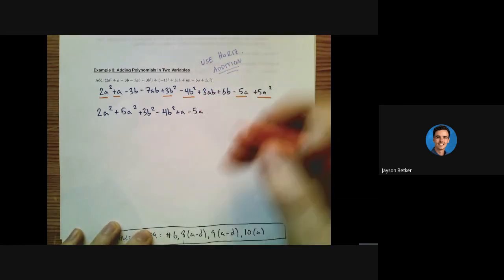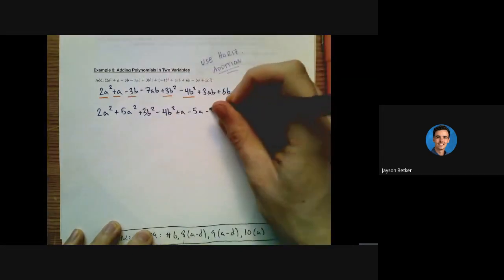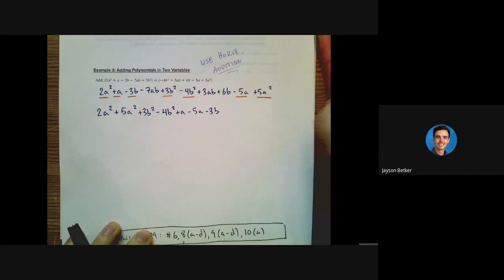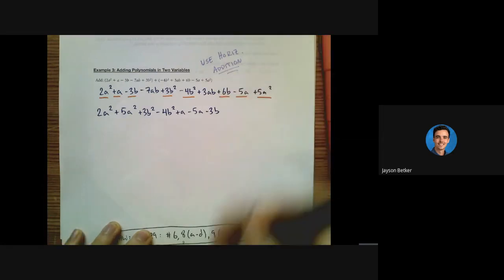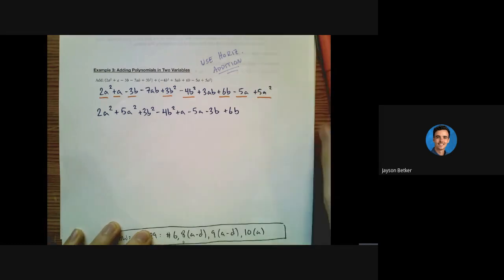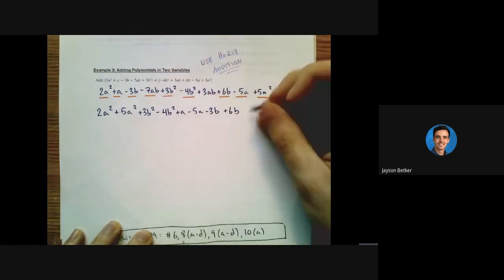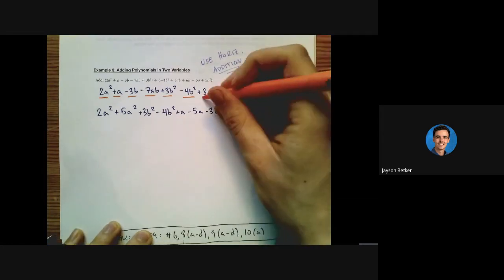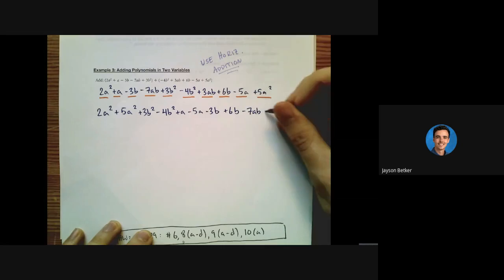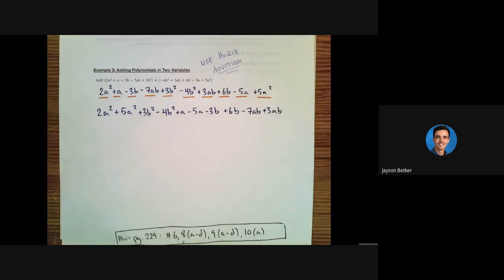And then let's do the b's, minus 3b, and plus 6b. And then the ab's, negative 7ab and plus 3ab.